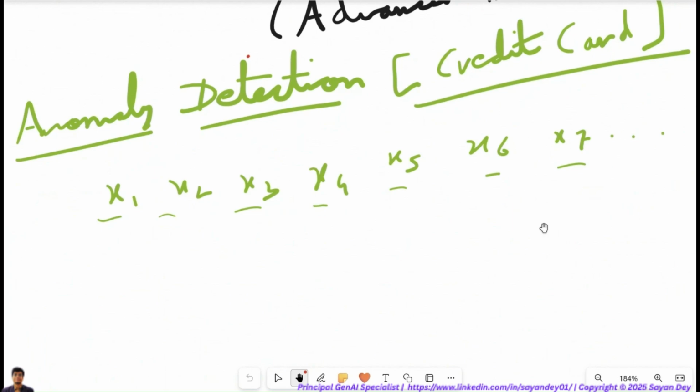You're dealing fundamentally with unlabeled data. You've just got the transaction details that are present right now, X1, X2, X3, X4, X5, up to X7, X8. You've got the different features of the transaction, and based on that, you're trying to identify anomalies.